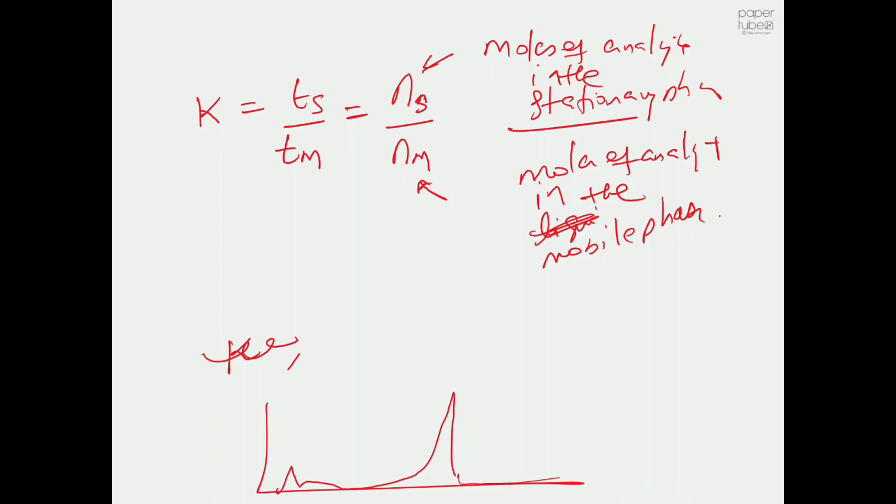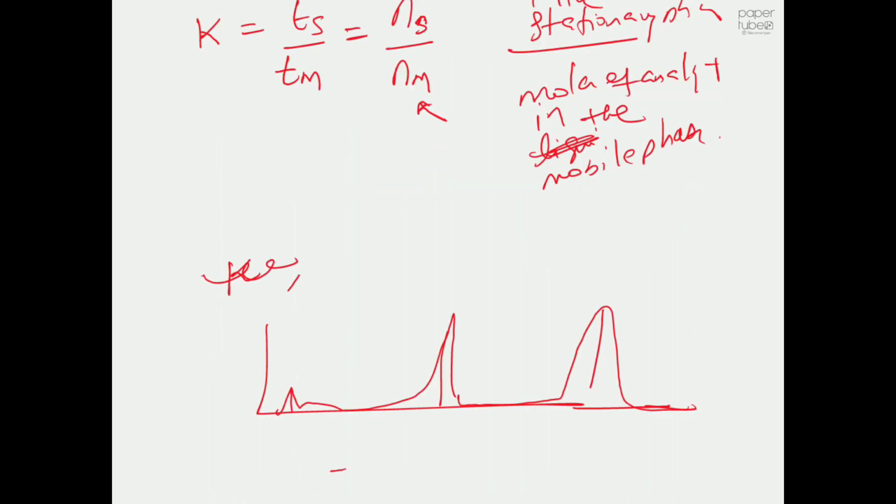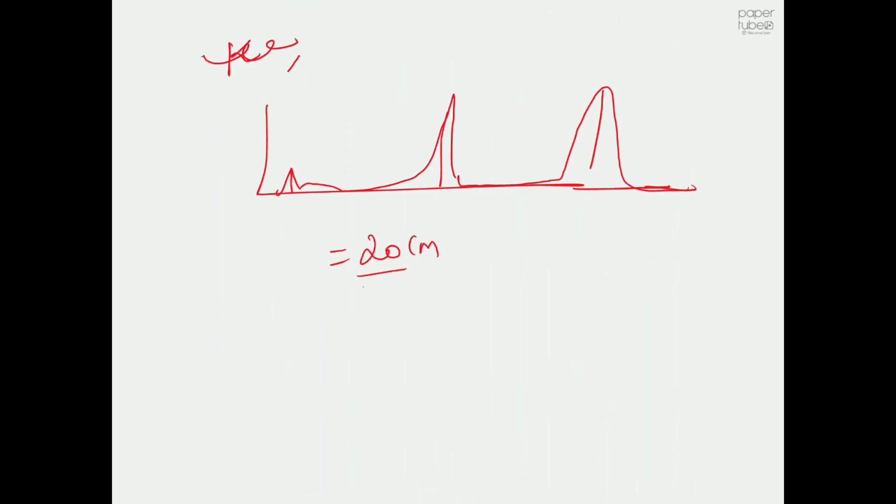I will clearly mention the time and so on, and then I will tell the column length is 20 centimeter, and I need to perform the same experiment in a column of 40 centimeter, or maybe a column of 5 centimeter. So you have to tell me what will be the retention time of this particular compound.